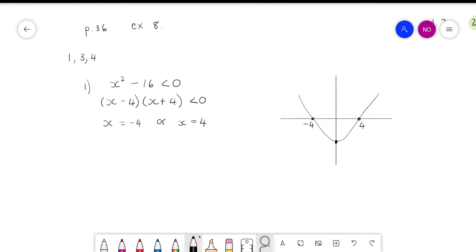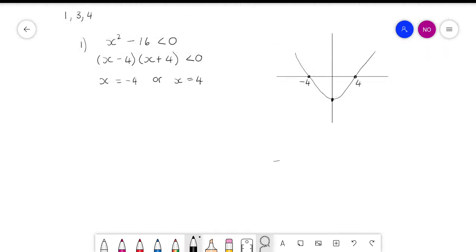So the important thing, do you agree, is on my x-axis, I know that it changes sign at -4 and at 4. Okay. Wat gaan my patroontjie wees? Hierso. Wat gaan hier wees? 'n Positief of 'n negatief? Look at your parabola. Positive. And you're in the middle? Negative. And you're on the right-hand side? Positive.